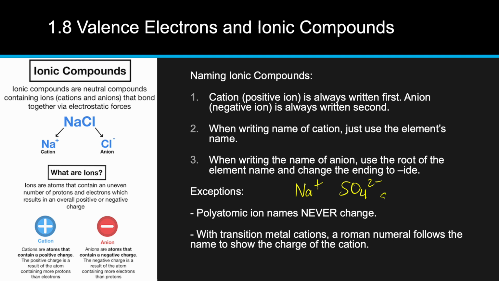It will just be sodium sulfate. So when you have a polyatomic ion, you are not changing the ending of that. And then the other exception is with transition metal cations, it's going to be followed by a Roman numeral, and that Roman numeral is going to tell you the charge of the transition metal because it can have different charges.